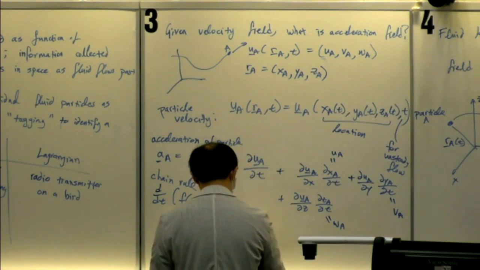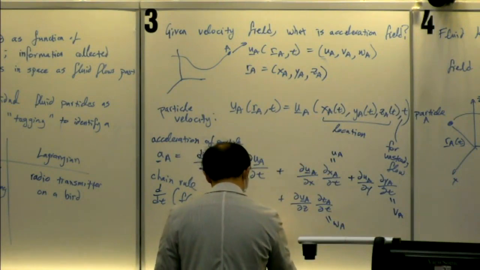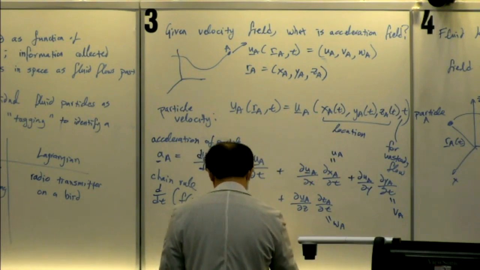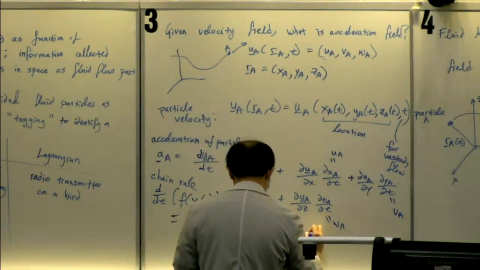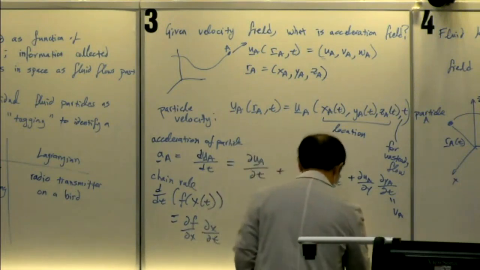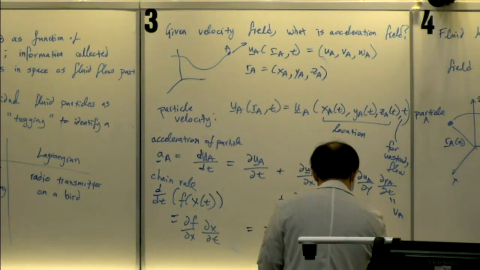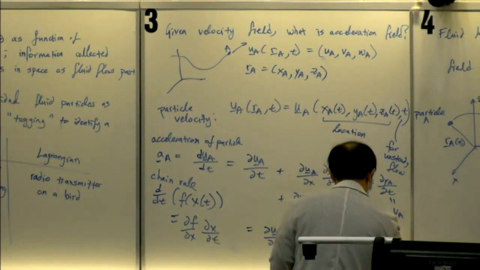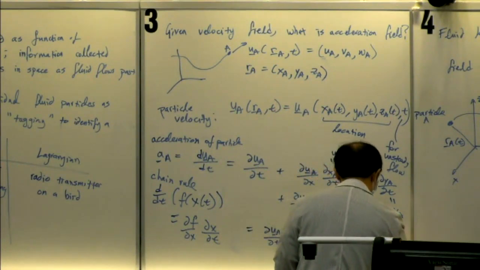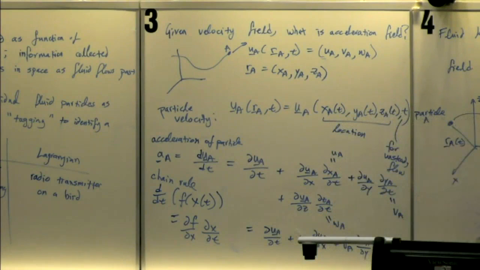So simplify that. You get dU_A/dt plus U_A dU/dx plus V_A dU/dy plus W_A dU/dz. This is also in the book, so you don't need to feel like you need to get it. The next one.